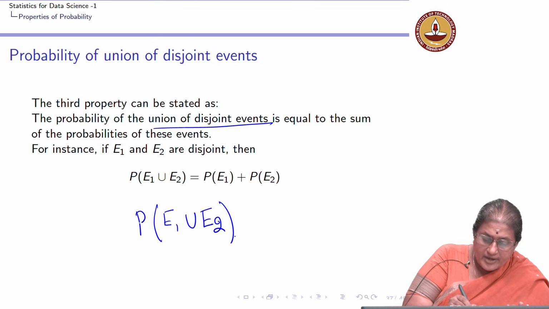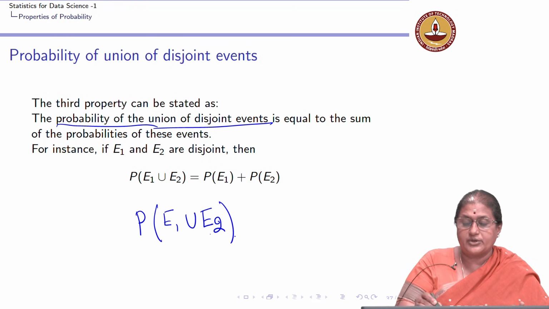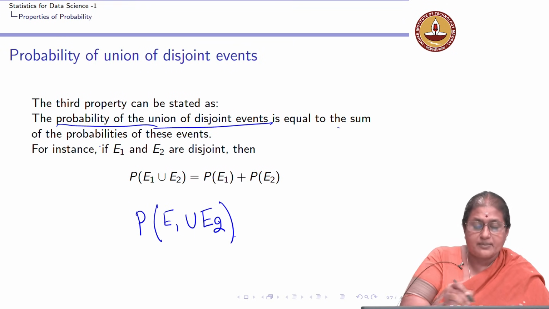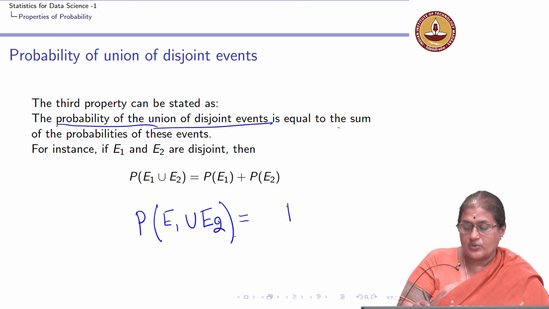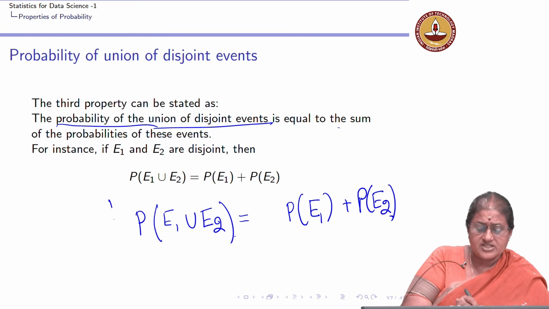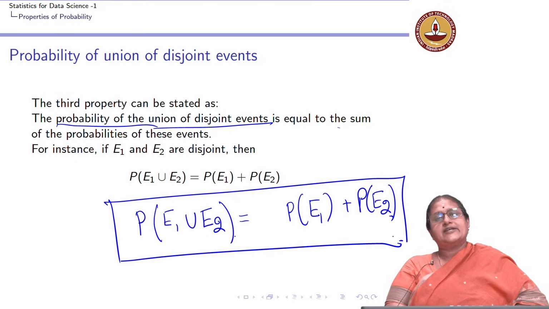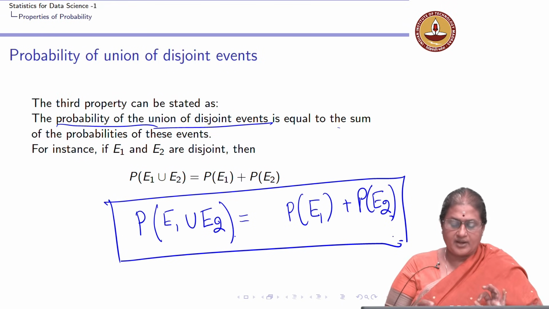The probability of the union is probability of E1 union E2. It is equal to the sum of probabilities. So, this is equal to probability of E1 plus probability of E2. This is what my third axiom tells me.